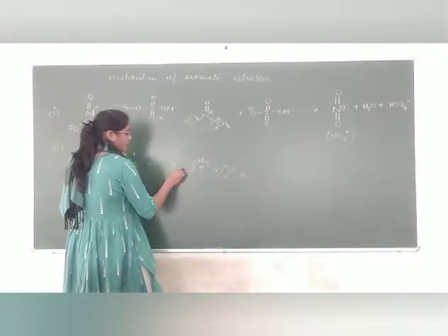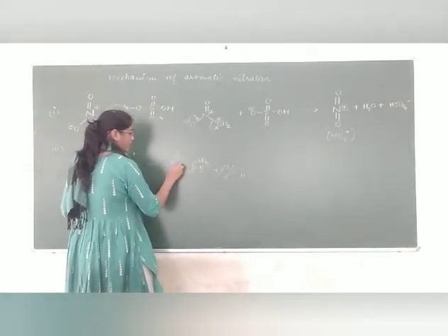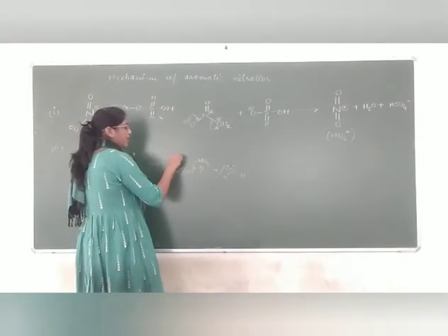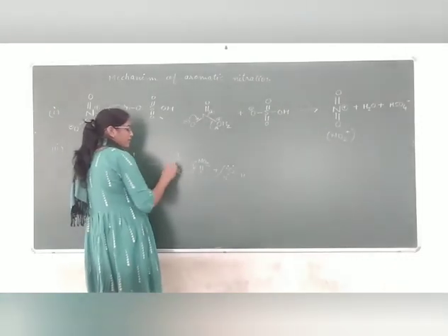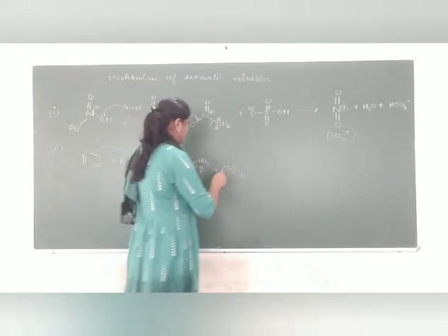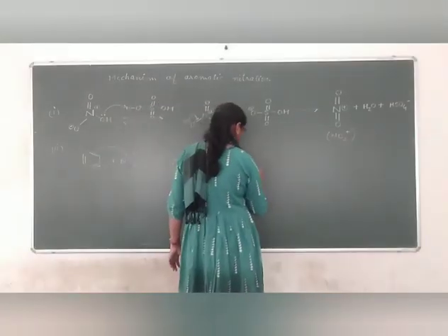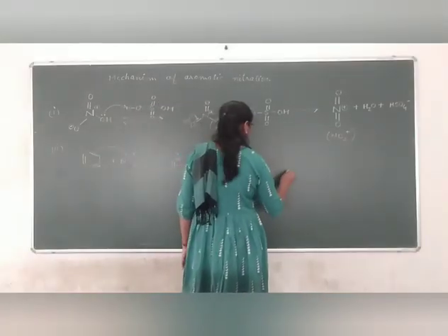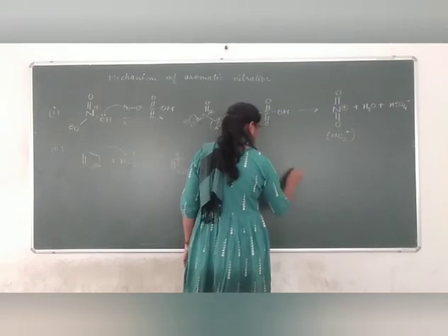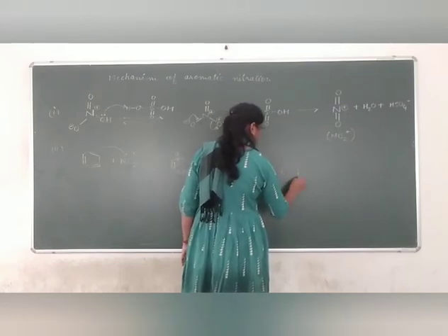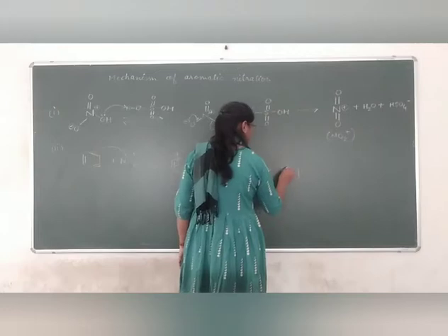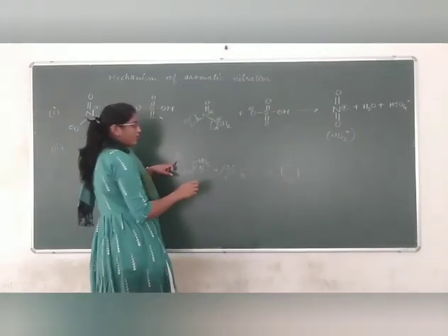This bond comes over here, and this also comes over here, and this positive charge will be neutralized by attacking this H2O molecule. So we can write the structure like this. Formation of a new bond.